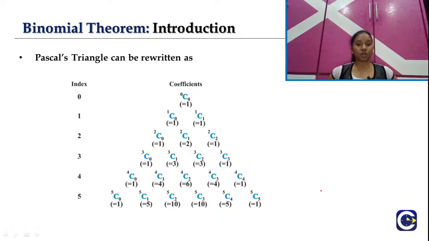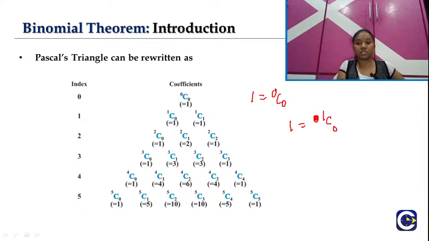So let's focus and try to understand the observation, just observe how we are doing it. This is our index, so for index 0, the 1 can be written as 0C0. For index 1, the 1 and 1 can be written as 1C0 and 1C1. All these are nothing but 1.